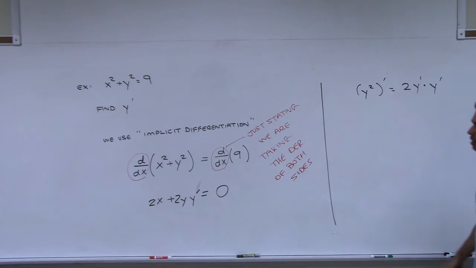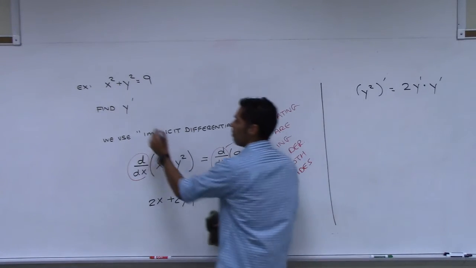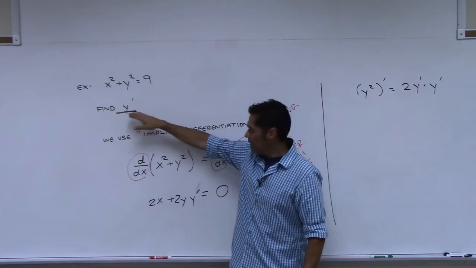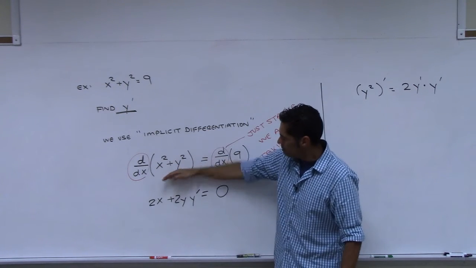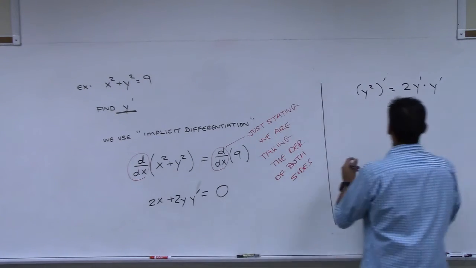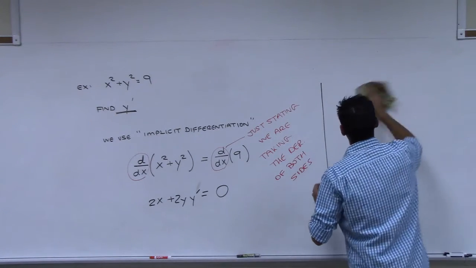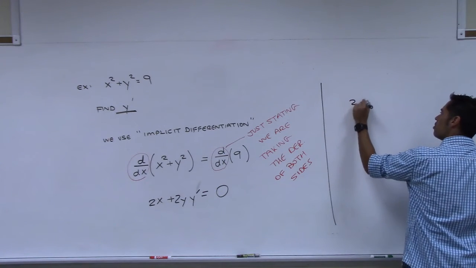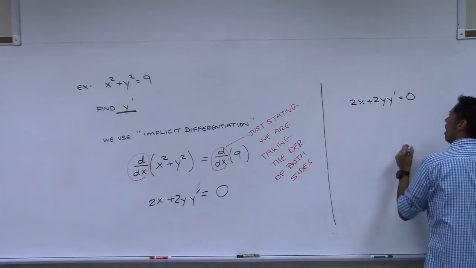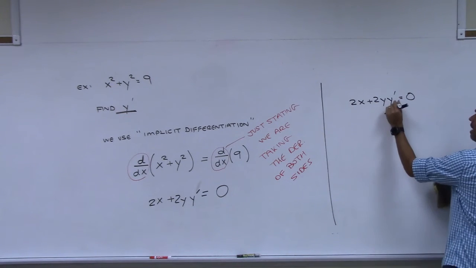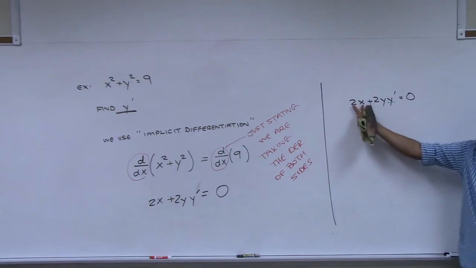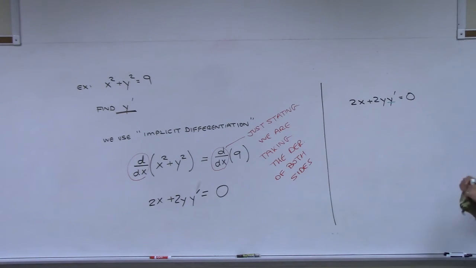Okay, so we don't have the answer yet. Remember, we're trying to solve for y prime, right? We want to know what y prime is. And take a look at this. What we've done, there's a y prime in it now, right? So what I'm going to do is take that equation, and I'm going to solve it for y prime. So 2x plus 2y, y prime equals 0. I'm going to try right now to isolate y prime by itself. So what I'll do is I'll move the 2x to the other side, which makes it negative 2x.